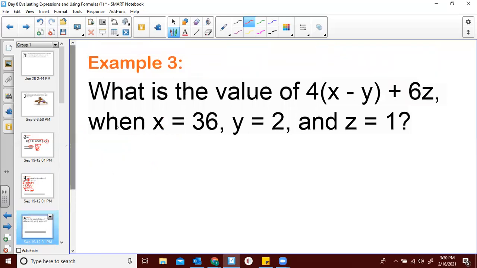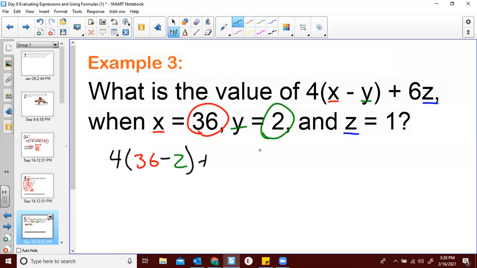All right, so then we get to something that's pretty ugly, right? We got 3 variables. We have an x, we have a y, and we have a z. All right, so again, I'm going to plug these in. I'm going to kind of color coordinate this for you guys. My x is 36. All right, and I'm subtracting my y, which is 2.